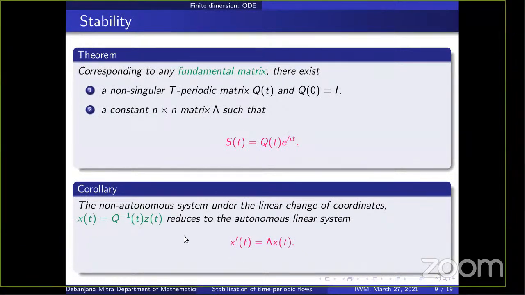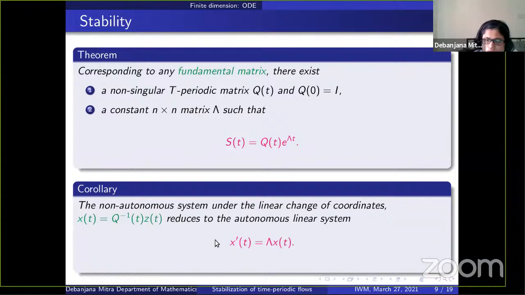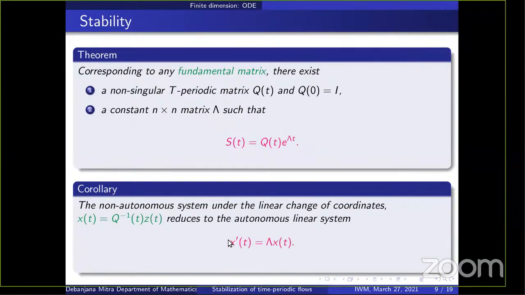You have this linear system. So it doesn't depend on the point that you choose on the orbit, right? It depends on the gamma basically, the periodic orbit. So it's quite interesting that it doesn't depend. So for the entire orbit, you're getting the same system, right?